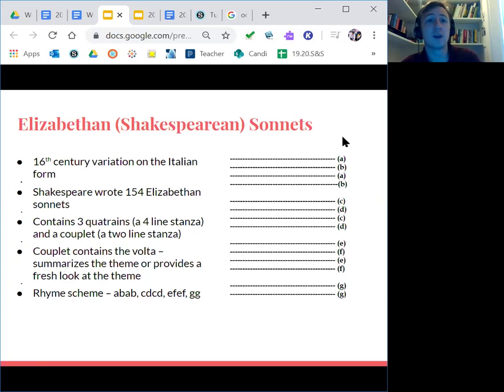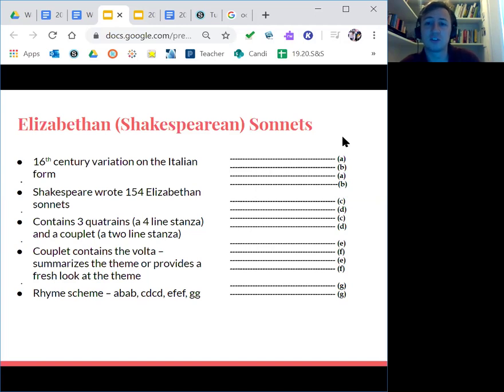So, where the Italian sonnet introduces the problem and response, this is a little different. Instead of having a clean problem or resolution, the Shakespearean sonnet often describes a situation and then responds to it. And a response doesn't always mean that there's an answer or a solution.